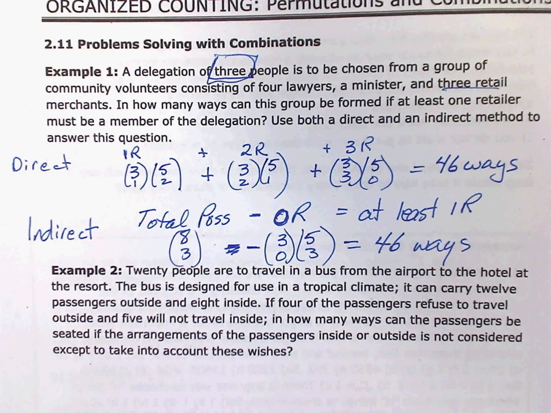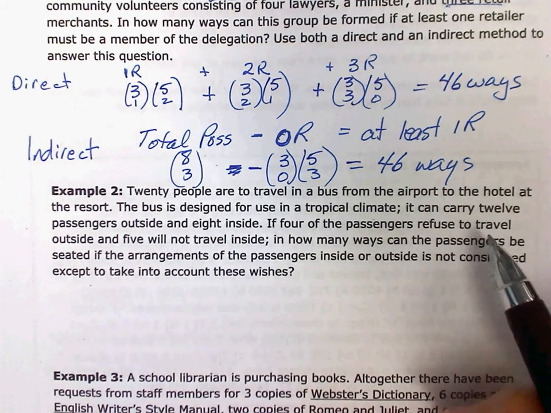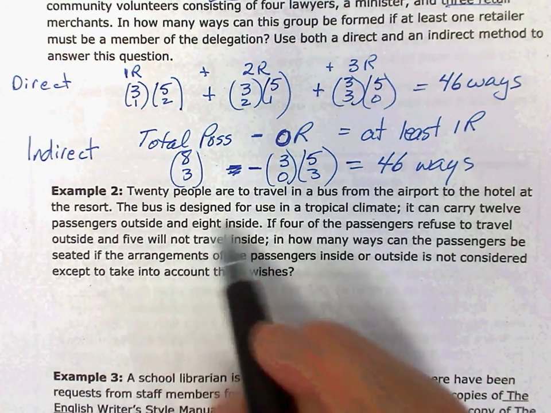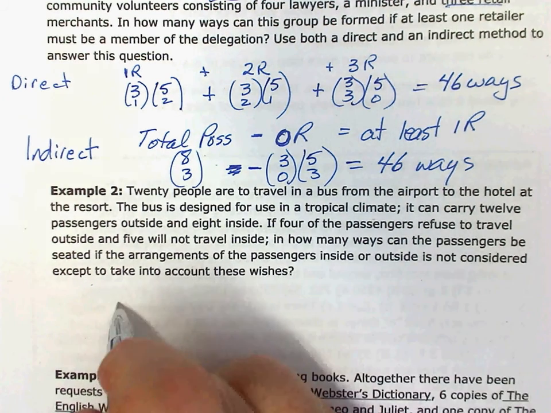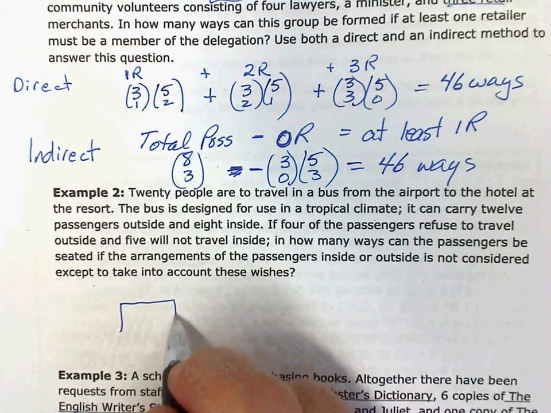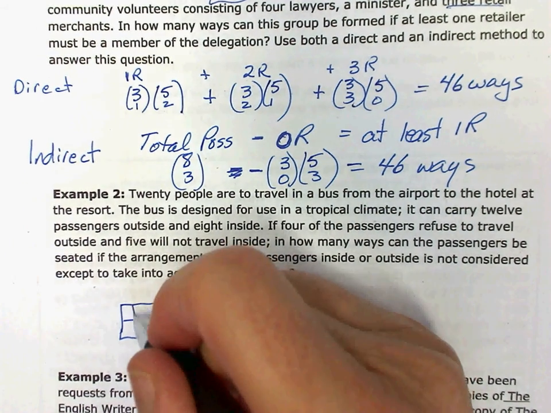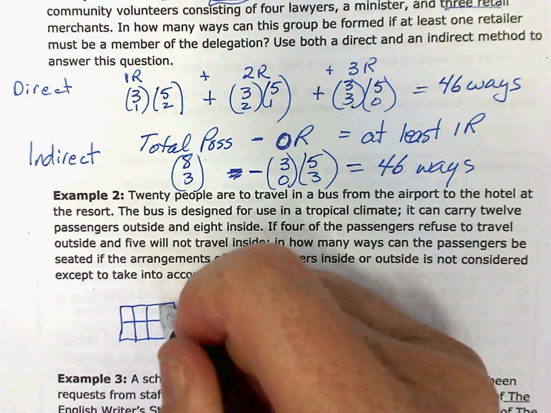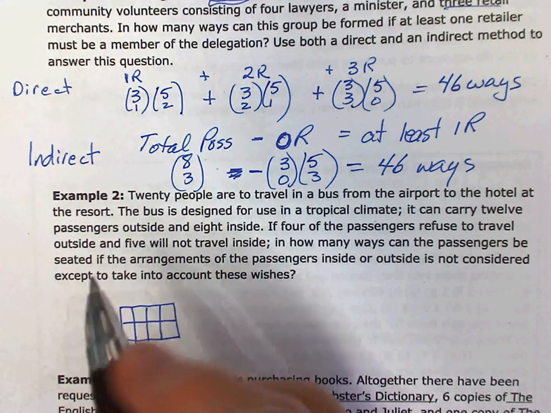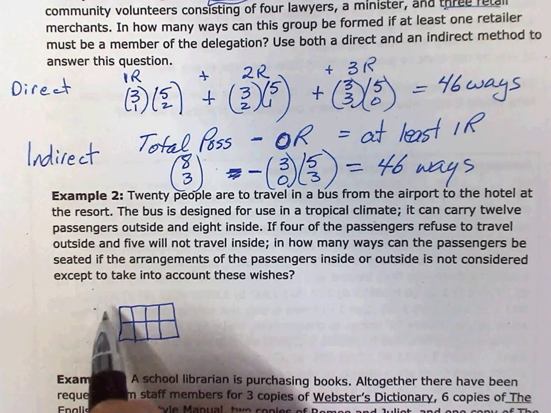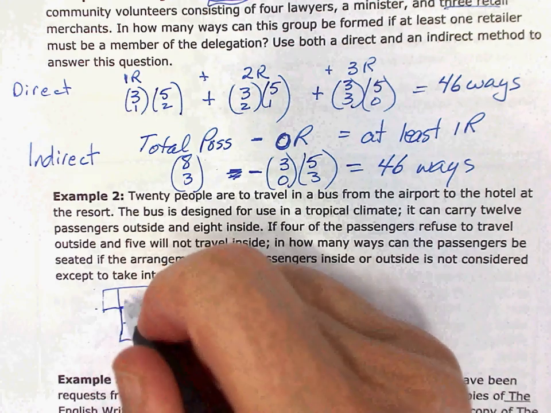A group of people travel on a bus from the airport to the hotel. All right, so let's look at this bus situation. It can carry 12 outside. So I'm going to just draw a funny little picture here. It doesn't look like a bus, but these represent the 8 people inside the bus, and then outside the bus we have room for 12 people.